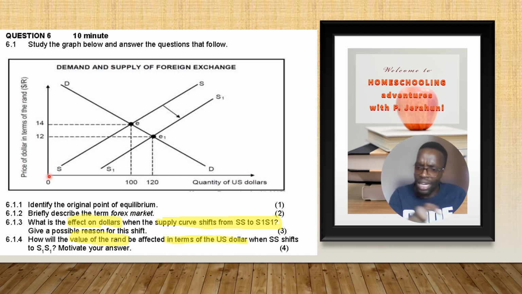So if there is an increased supply of dollars and the demand for our rand remains unchanged, the US dollar will depreciate in value. So that's what I was expecting learners to have said there.